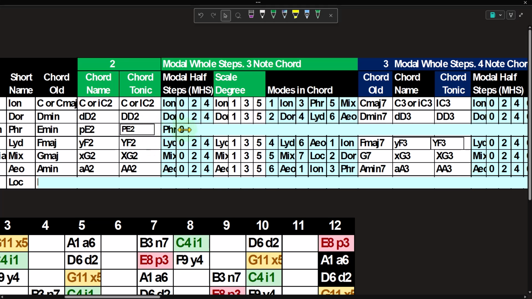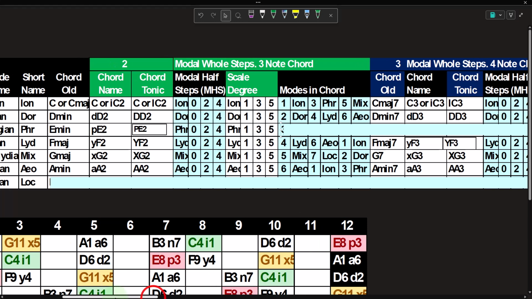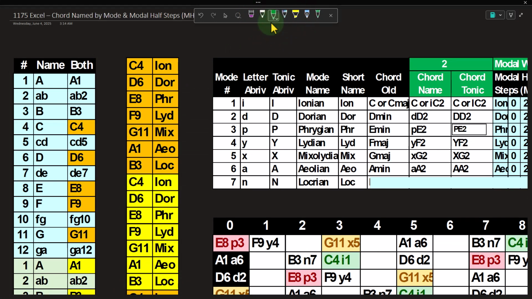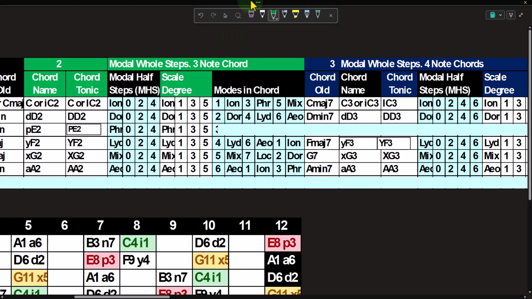And then, so we could call that a 0, 2, 4 from a distance standpoint. So it's going to be the 2nd modal whole step and then the 4th modal whole step. And if we do a scale degree, 1, 3, 5. So if I looked at that over here, we'd say, okay, we're going to start on the Phrygian. So we're going to say this is the 1, 3, 5, or I would call it the 0, 2, 4. Okay, so then if I go back on over, I don't want to call that the 1.